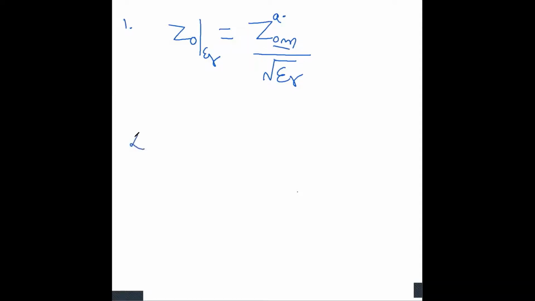Now the second conclusion is that the impedance value decreases. This Z naught will decrease when the ratio of strip width to substrate height is increased.